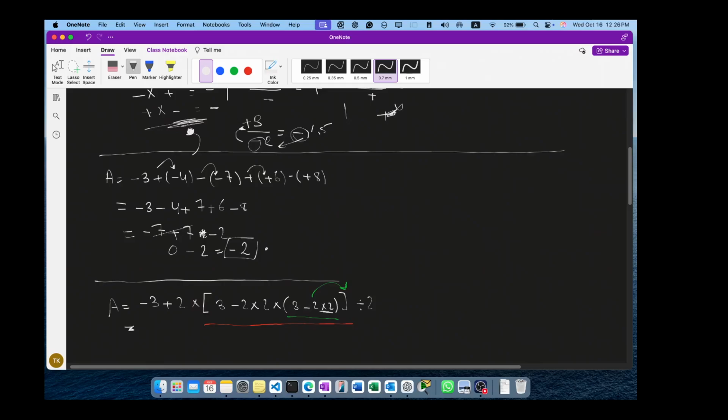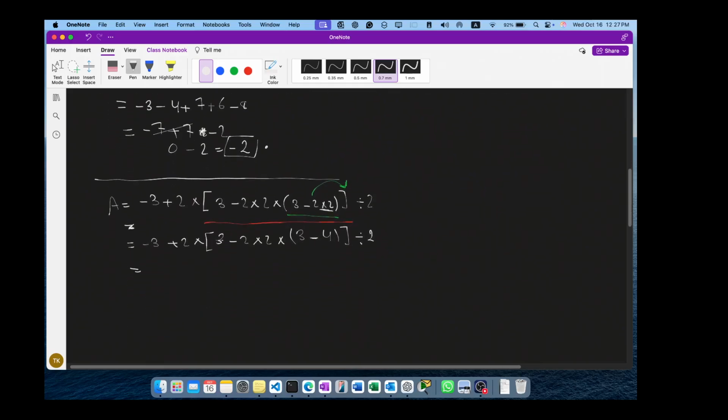So, equals minus 3 plus 2 times bracket 3 minus 2 times 2 times. Now, I will start, as we said, in the parentheses, right? Minus 2 times 2, I will keep 3 itself. Minus 2 times 2 is minus 4. Why? Because minus times plus equals minus. And I'm going through it step by step, baby steps.